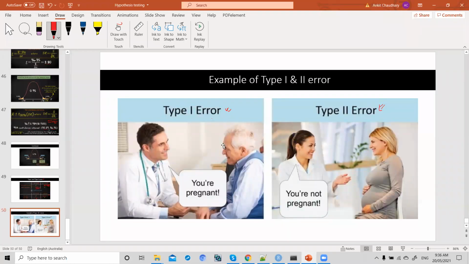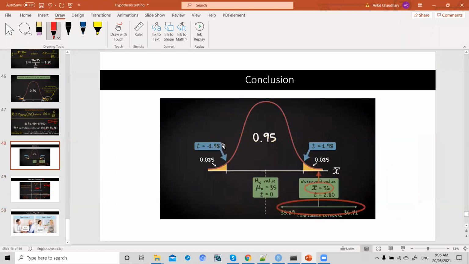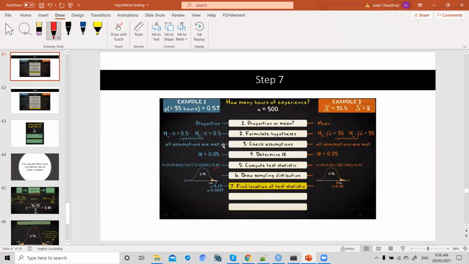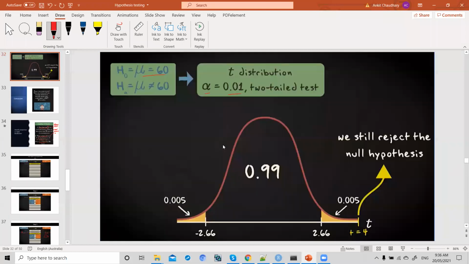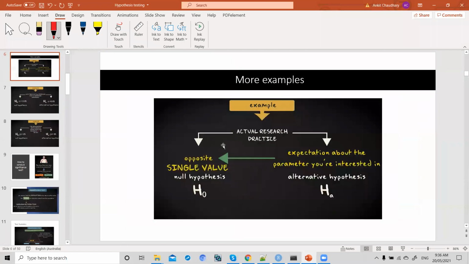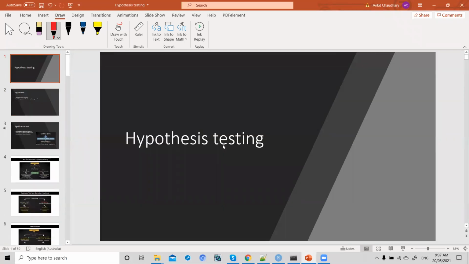Yeah, so that's it for null and alternative hypothesis. Any questions? Did you understand everything? Yes, sir, pretty much all. But when I go through the lecture again, it will make more sense. Hopefully.